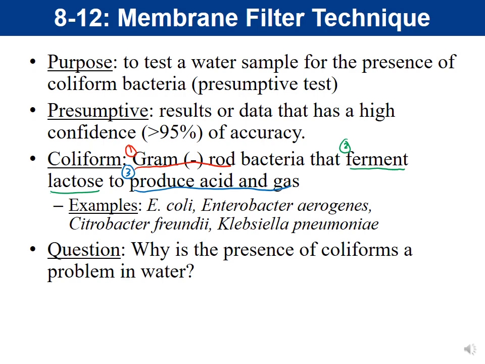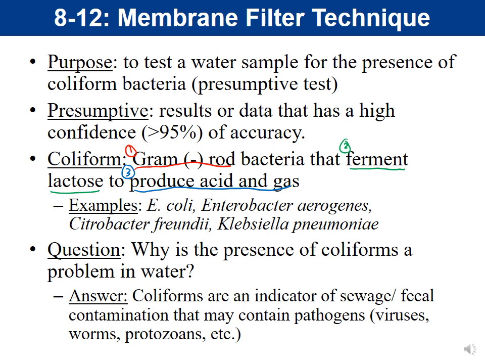So the question for you then is, why is the presence of coliforms a problem in water? What does that tell you if you see this bacteria in the water? What would be the source of this bacteria likely? And the answer is that coliforms are an indicator of sewage or fecal contamination.